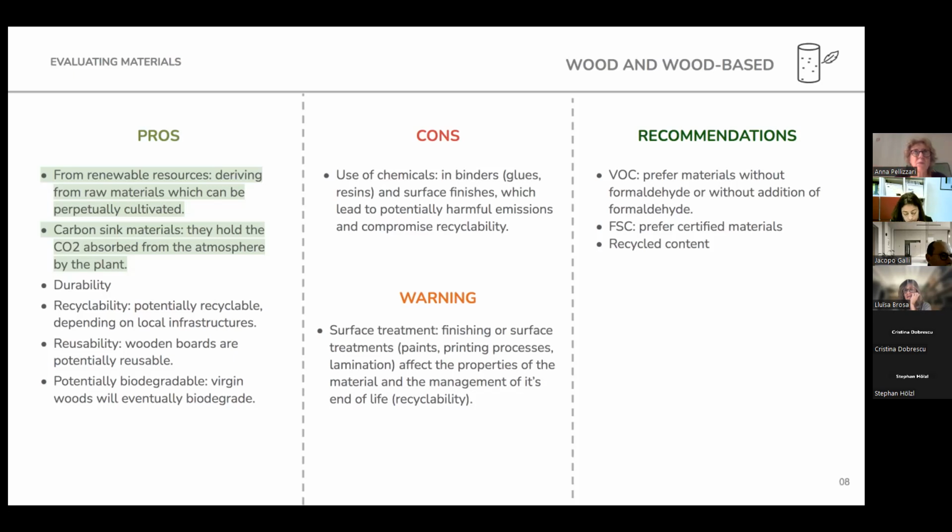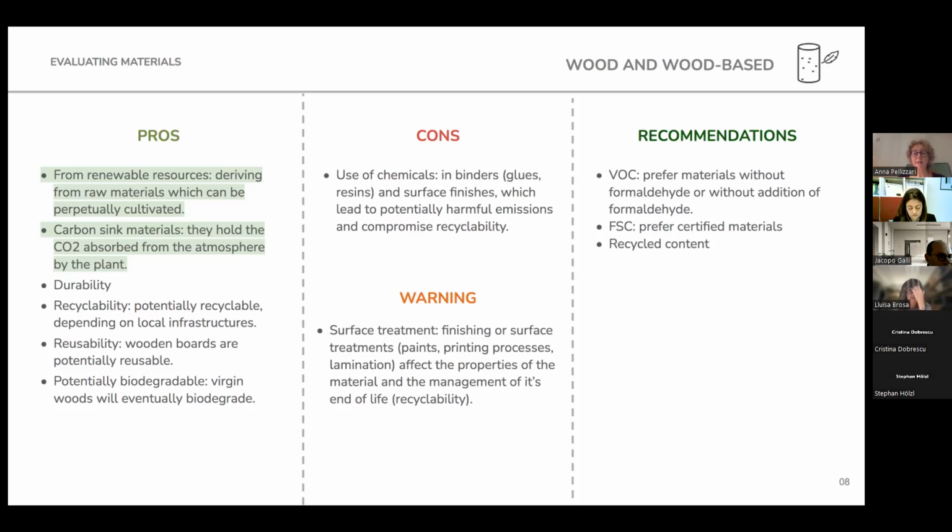So wood and wood-based materials are, generally speaking, good materials because, as we've seen before, they act as carbon sink. They are also, generally speaking, recyclable and recycled based on the local infrastructure. In Italy, there is quite a good infrastructure for that.